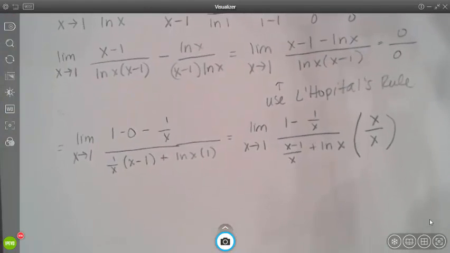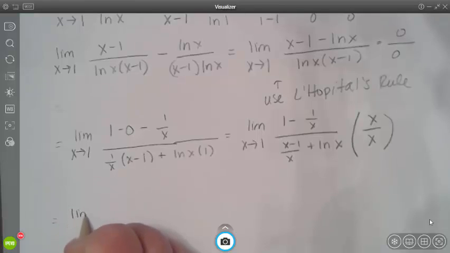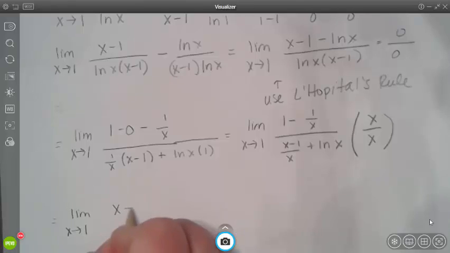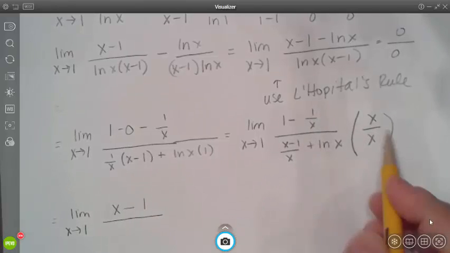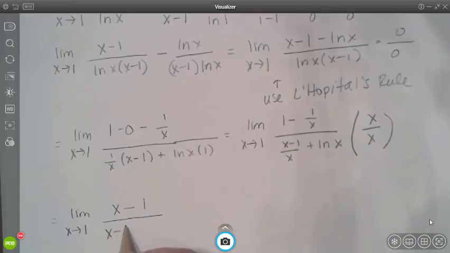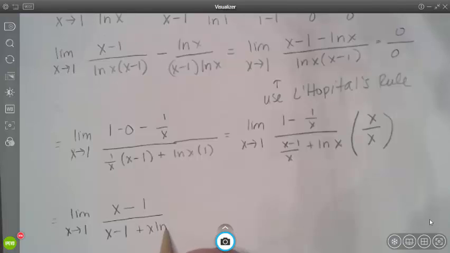So x times 1 is x. x times 1 over x is just 1. x times x minus 1 over x is x minus 1. And then x times the natural log of x is x times the natural log of x.